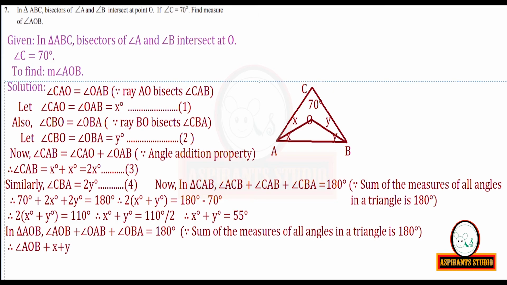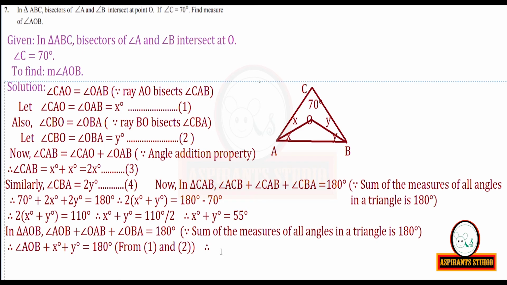So substitute it over here, you will get measure of angle AOB plus x degrees plus y degrees is equal to 180 degrees. Therefore, now x plus y is equal to 55 degrees we have found out. So substitute that here. Instead of x plus y you can write 55 degrees. Therefore, measure of angle AOB plus 55 degrees is equal to 180 degrees.